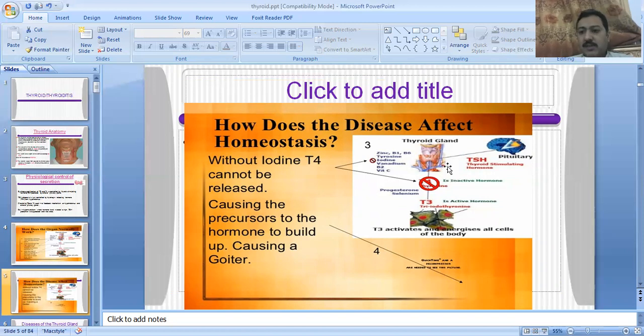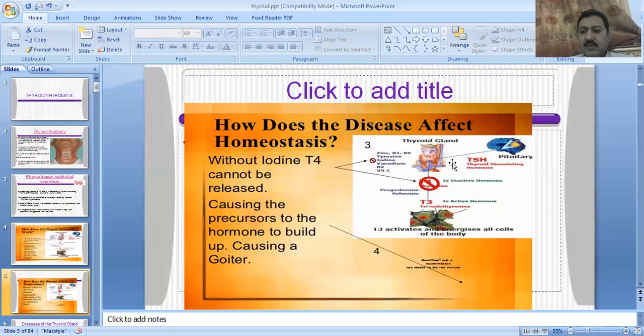Ultimately, by the repeated stimulation of the thyroid follicular cells by the TSH, there will be hyperplasia and also hypertrophy in the thyroid follicular cells, and the thyroid gland will swell up. The swollen condition is called goiter.